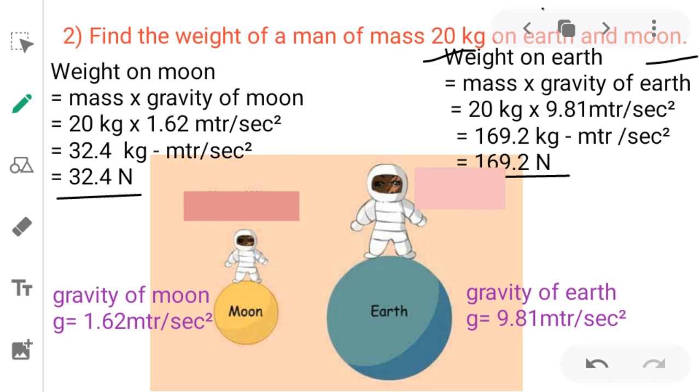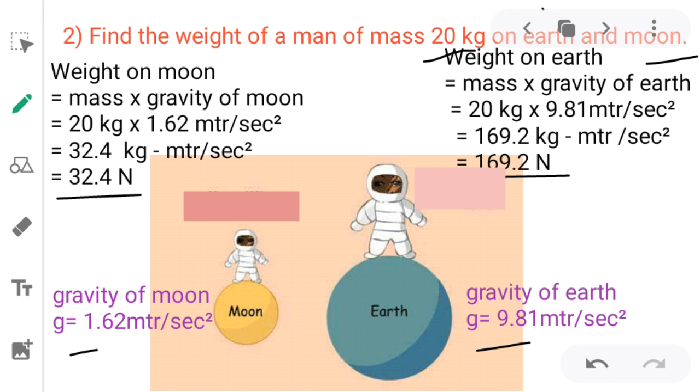You may observe in the diagram, I have given the gravity of Moon, that is 1.62 meter per second square, and gravity of Earth is 9.81 meter per second square.